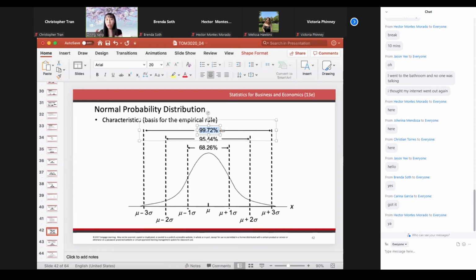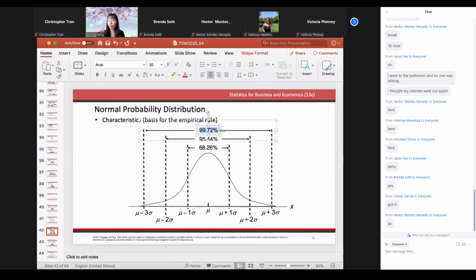Or even if you just go 2 standard deviations, sorry, 2 standard deviations is 96 and then 80. That's 95% of my students. So the majority will be somewhere between 80 and 96, but if you go 3 standard deviations, between 76 and 100, that should cover everyone.